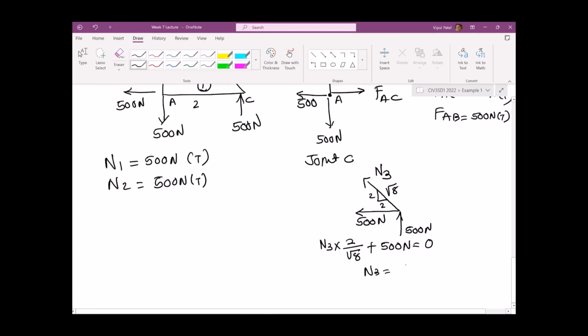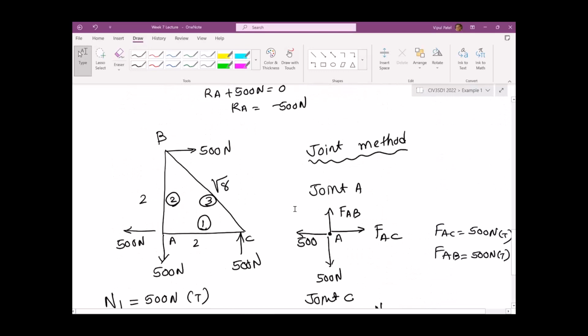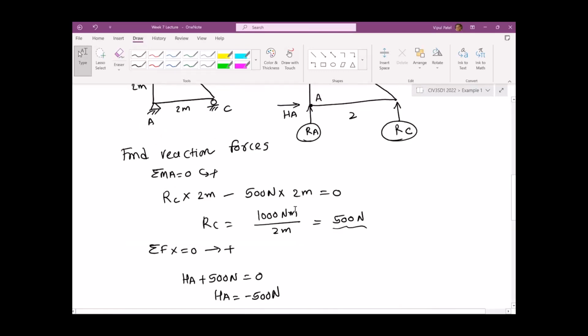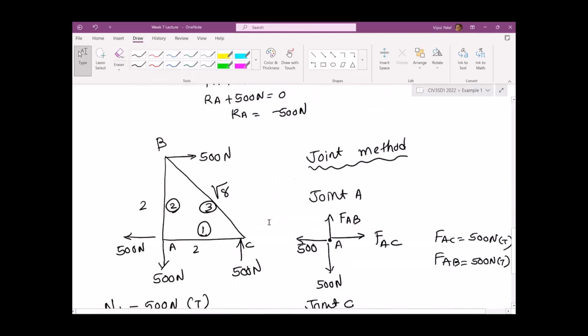So N3 equal to minus 500 newtons times square root 8 on 2. This gives me minus 707 newton compression. So N3 equal to minus 707 newton compression.